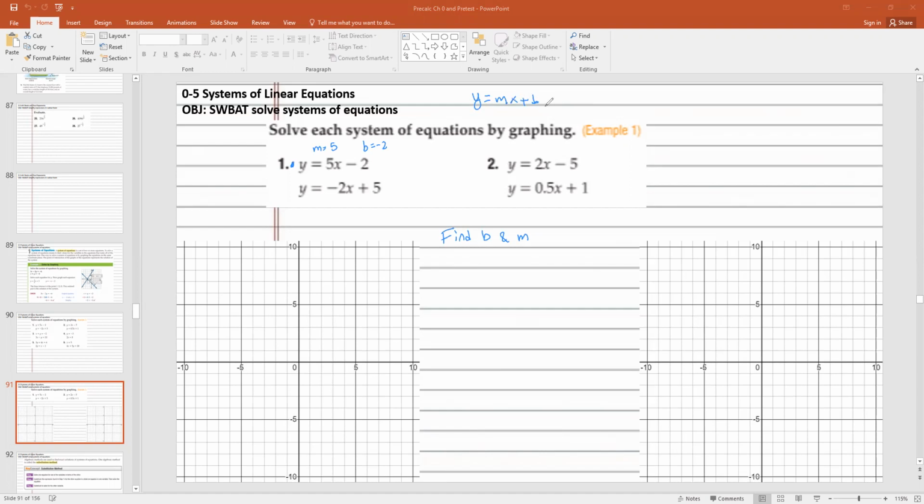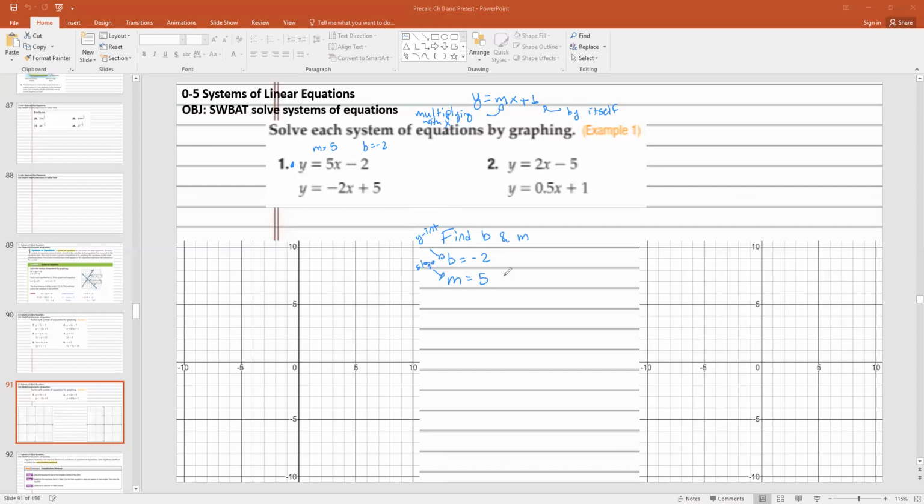The m is the number that's multiplying with x. So that's how you can tell what the numbers are. So for the first one, b is -2, m is 5. Our b is the y-intercept, and m is our slope.